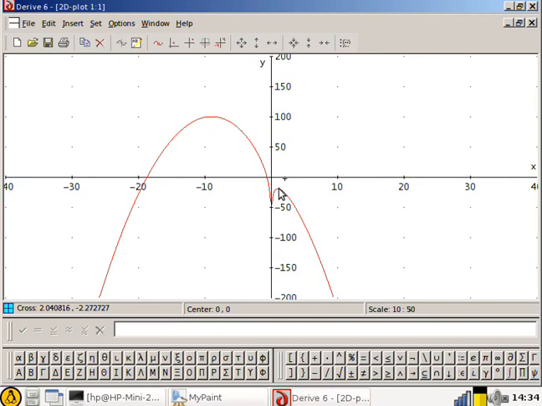Now, this graph is actually very important because later we're going to be talking about maximums and minimums, which is the maximum and which is the minimum. And a lot of the students just say, oh, that's easy.